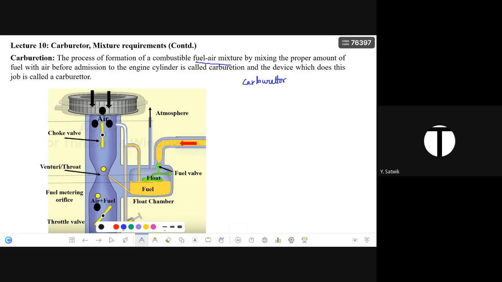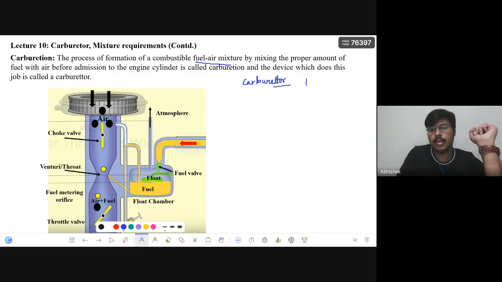Diesel engine or petrol? Yeah, it is in the petrol engine or Otto cycle. The carburetor is only present in the petrol engine or the SI engine. In the SI engine, I've already said that we provide fuel plus air to the cylinder.